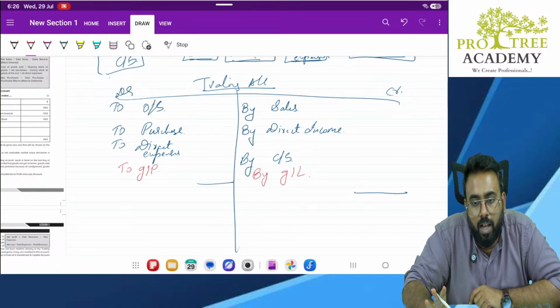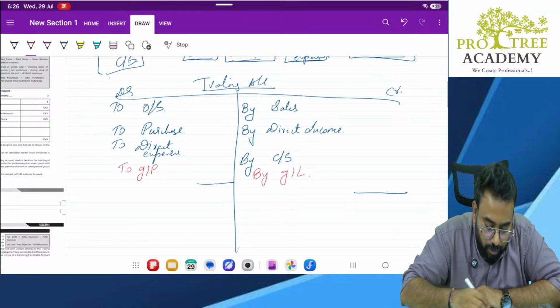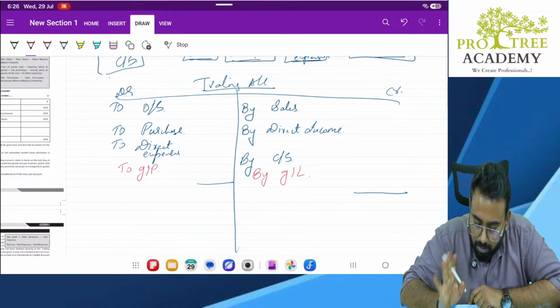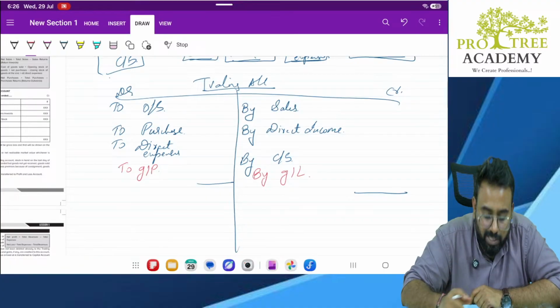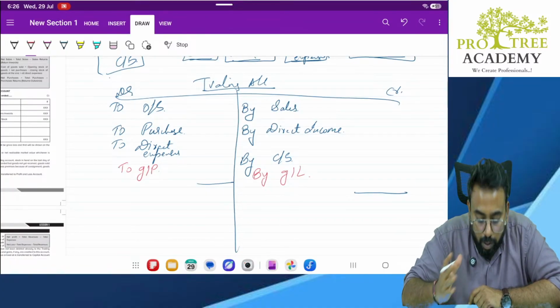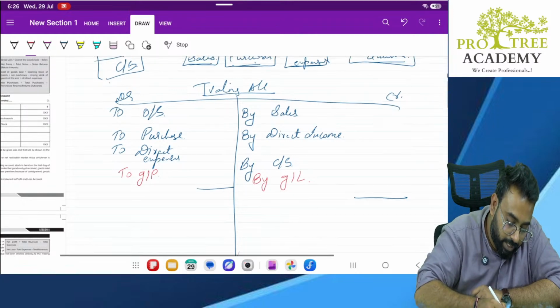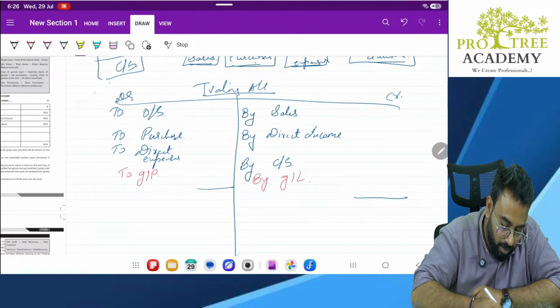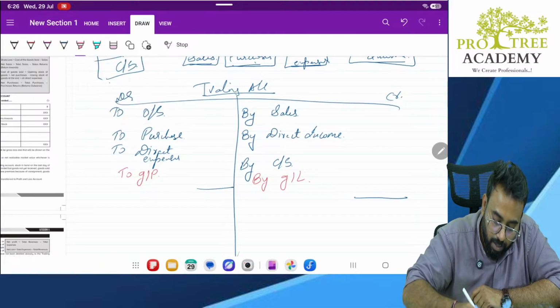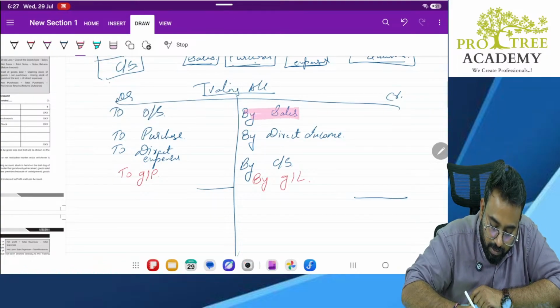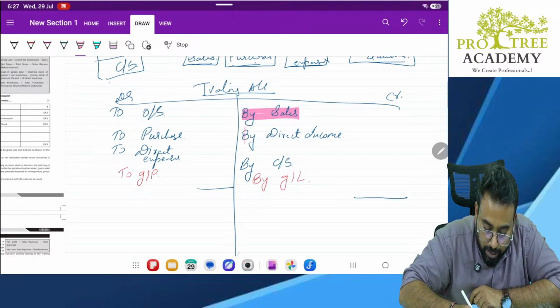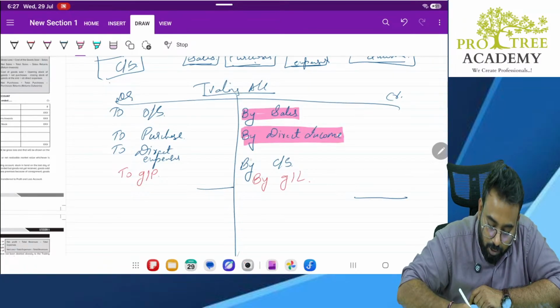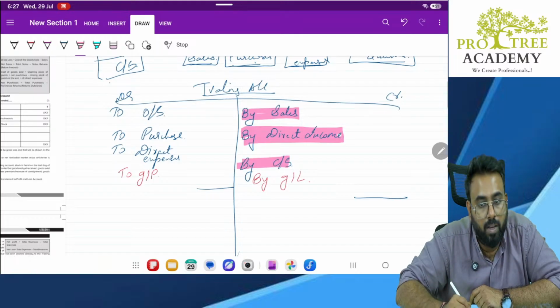Now don't worry. Sir, should we learn the format by heart? No, don't learn the format by heart. I will explain how this account is prepared. Just hold on, just understand the overview of the account. So what are all the things that are coming up? Here we are showing sales, correct? We are showing direct income. We are showing closing stock on the credit side.